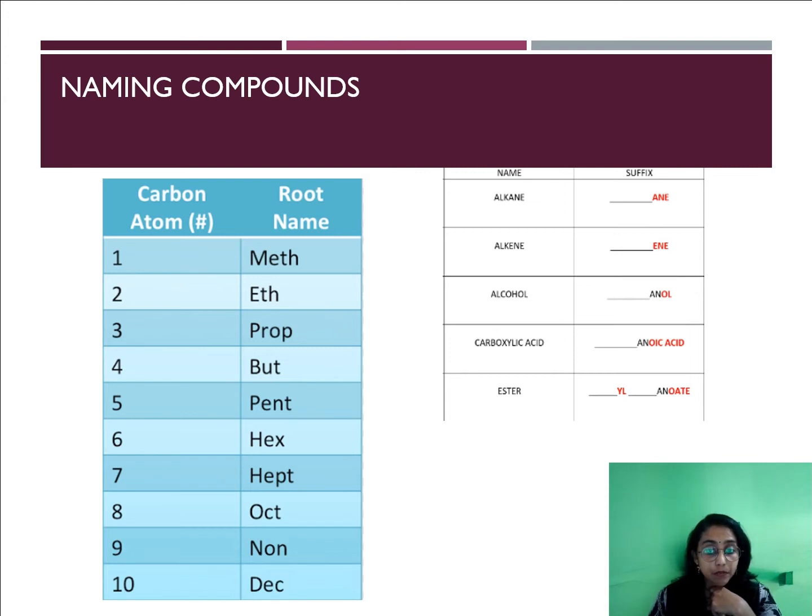For alcohol, we will derive the name of the alcohol from the respective alkane. So if the alkane is ANE, for alcohol we just take out the E and substitute with OL. And carboxylic acid also comes from the respective alkane. So same thing, we take out the E and substitute with OIC acid, and then ester.